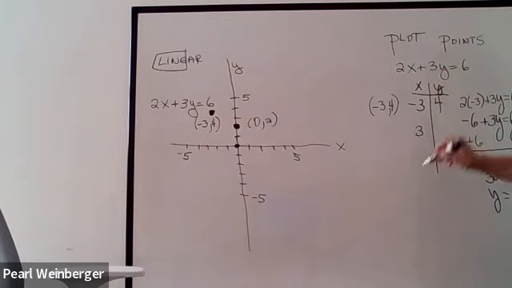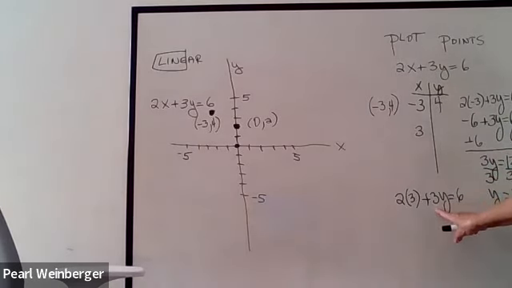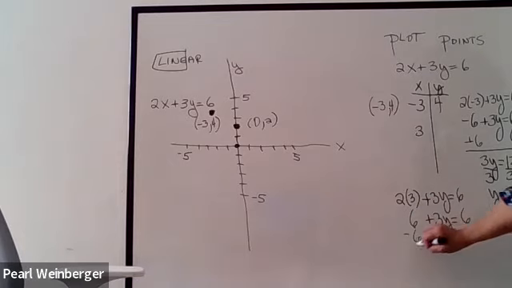So I'm going to go over here. 2 times 3. I'm replacing my x by 3. Plus 3y equals 6. Again, I can pick a value for x and find out the corresponding value for y. So this is 6 plus 3y equals 6. I'll subtract the 6 from both sides.